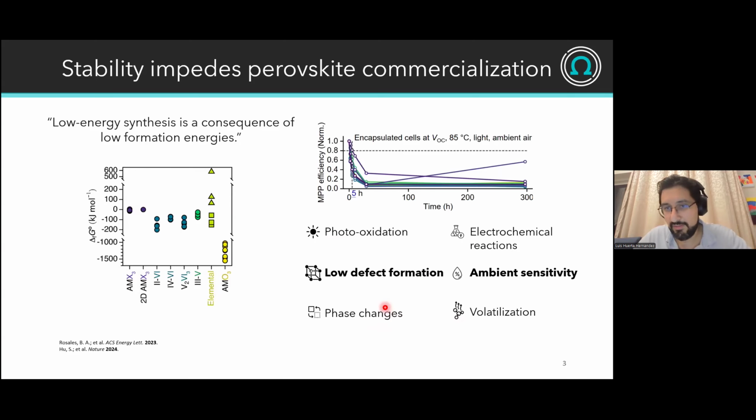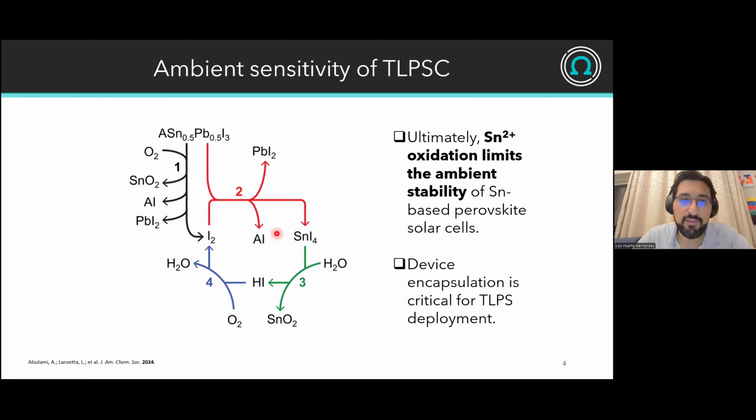And when we talk about tin-lead perovskites, I think the most important aspects that contribute a lot to their stability are this low defect formation energy and their ambient sensitivity. In our lab, we have investigated, for example, the degradation mechanism of a tin-lead perovskite, and it's actually really similar to a pure tin perovskite, where it oxidizes Sn2+ to Sn4+, forming SnI4.